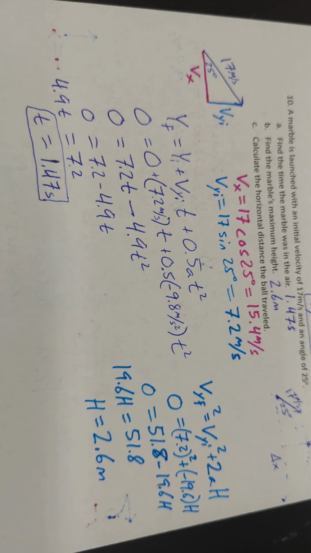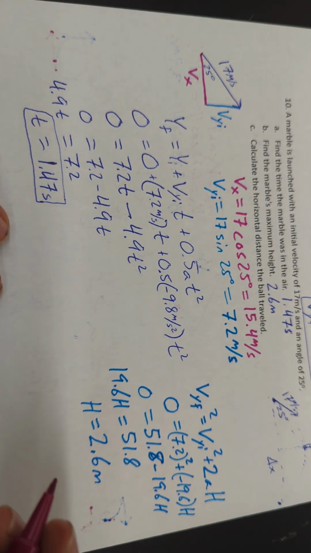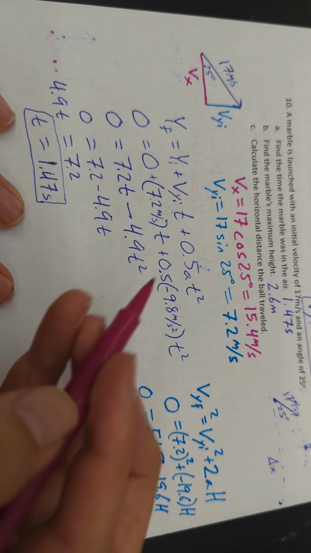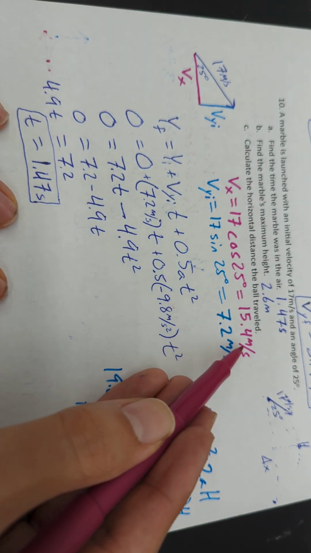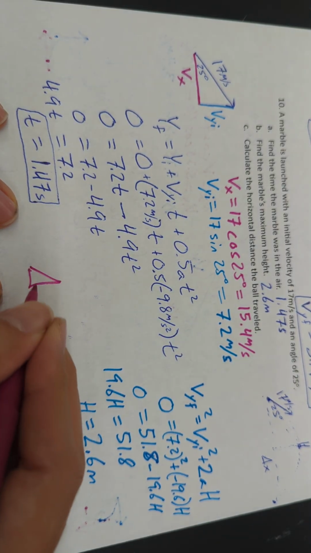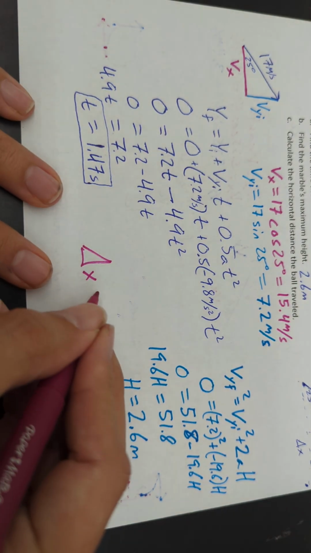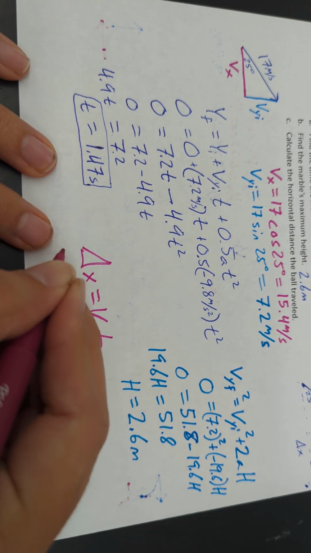And lastly, calculate the horizontal distance the ball traveled. These horizontal questions are always the easiest because if you're asking about distance, we assume that this velocity stays the same. So all you have to do is get your delta x, which equals your velocity in the x direction times the time.